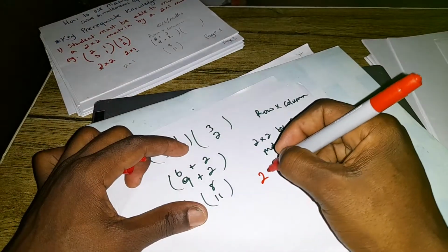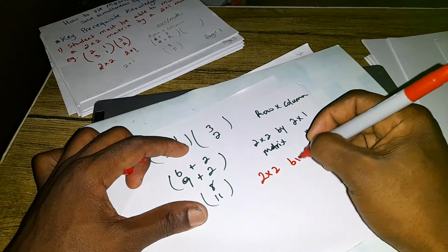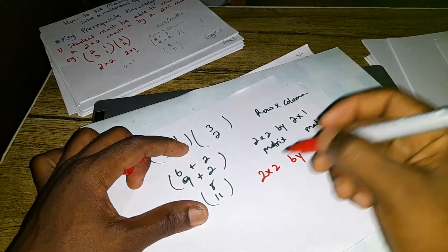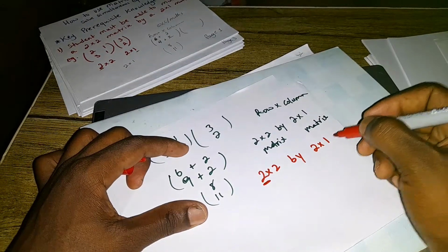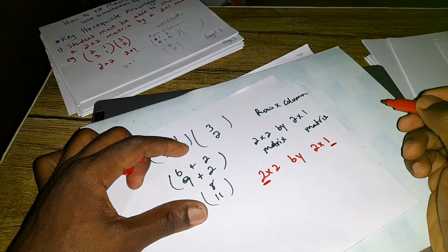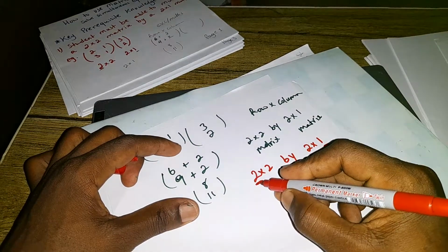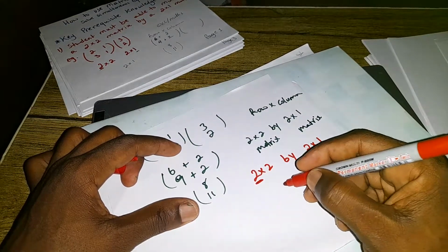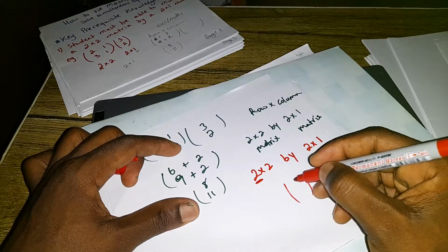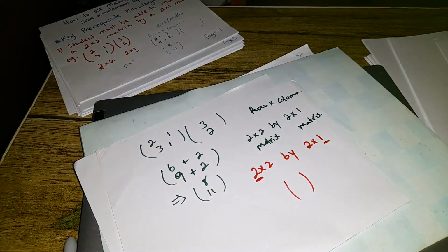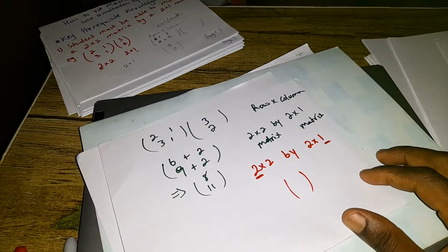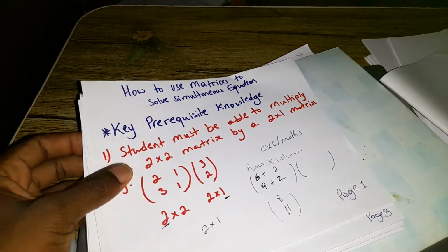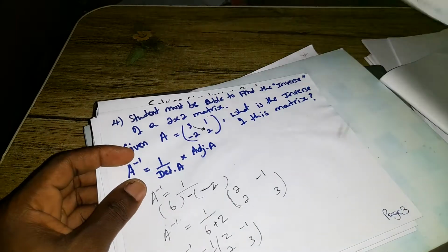So if this is a 2 by 2 multiplied by a 2 by 1, the first number and the last number will be the order. So you're going to get a 2 by 1 matrix. You understand? Good. All right, moving on.